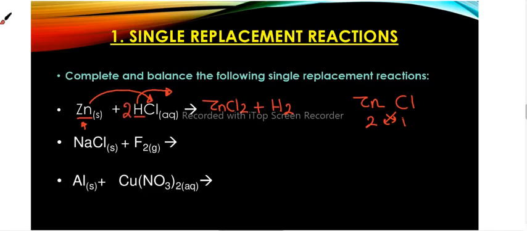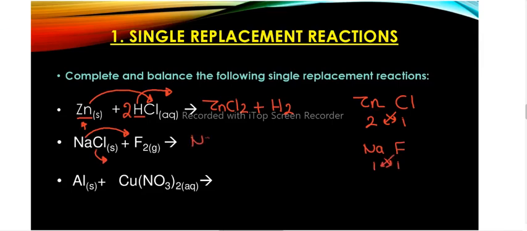Continuing with NaCl and F2, in this situation, the Na will actually react with the fluorine, and the Cl will be replaced outside. So you're going to cross multiply between the Na and the fluorine. Sodium is in group number 1, fluorine is a halogen, group number 7, so it's a 1.